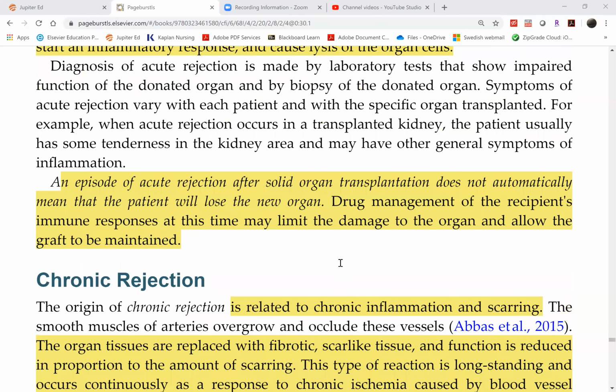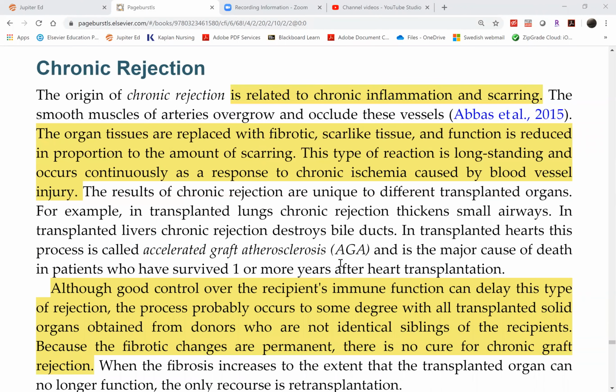In chronic rejection, the nature here is not clotting, it's not vasculitis, it's related to chronic inflammation and scarring. So little by little, over a period of months, years, decades, there is some slow, insidious inflammation, and then the graft is slowly replaced by scar tissue until the graft is eventually overrun with scar tissue.